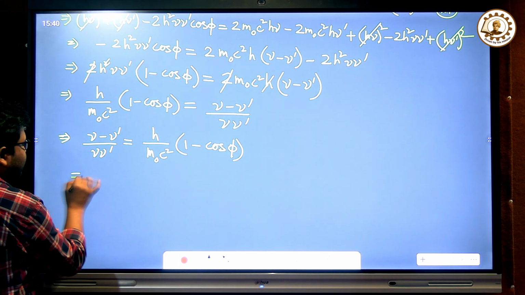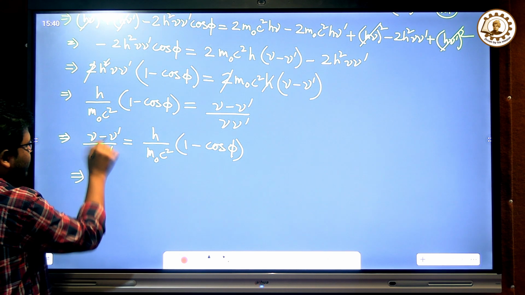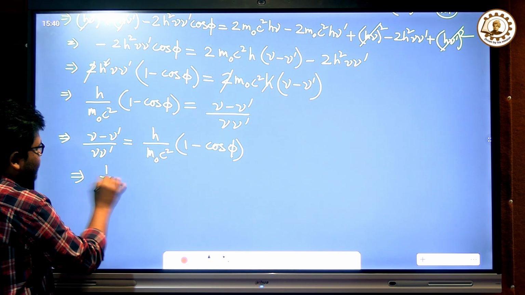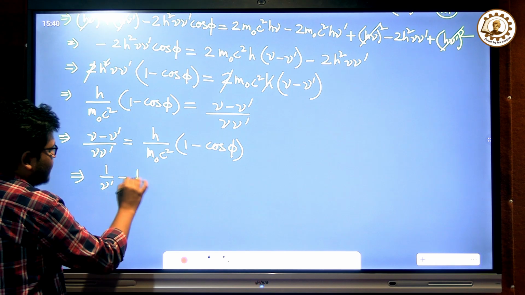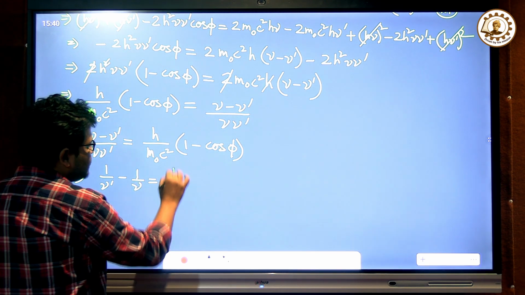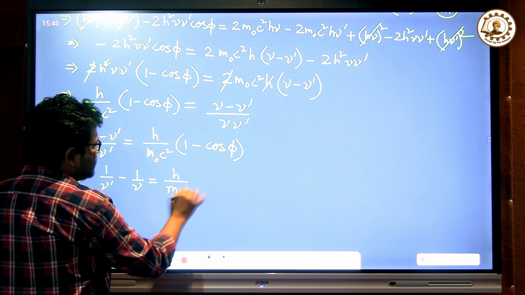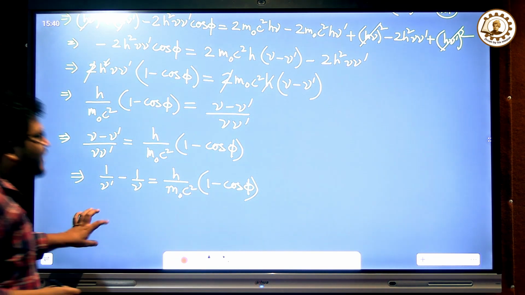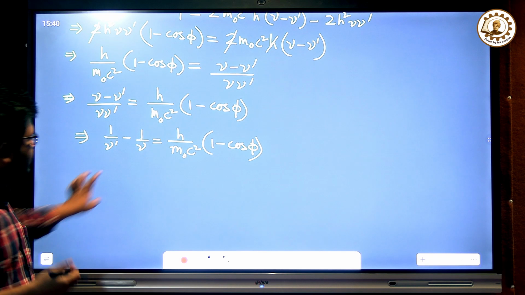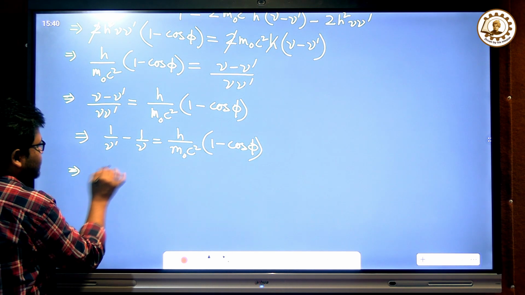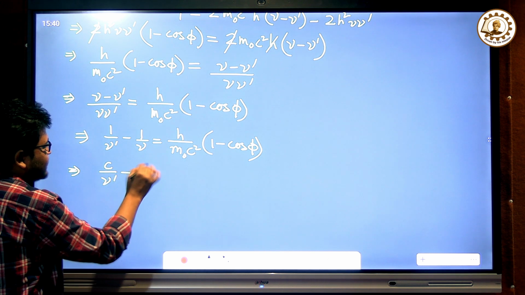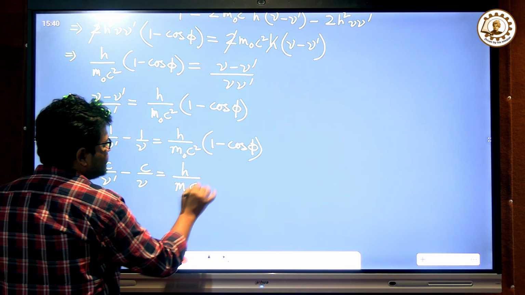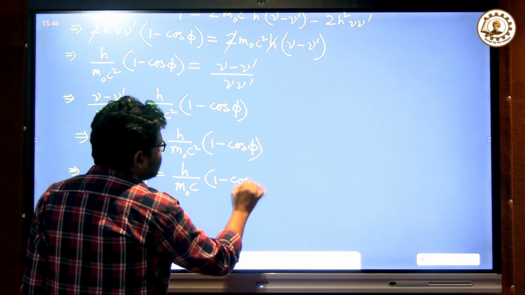If I split this term into two different terms, we get 1 by nu prime minus 1 by nu equals h by m0 c squared (1 minus cos phi). Now if I multiply both sides by c, we get c by nu prime minus c by nu equals h by m0 c (1 minus cos phi).